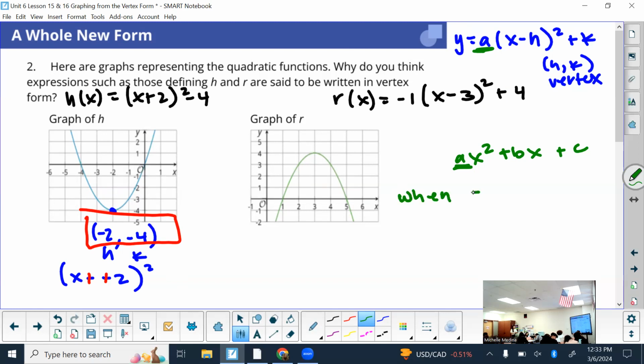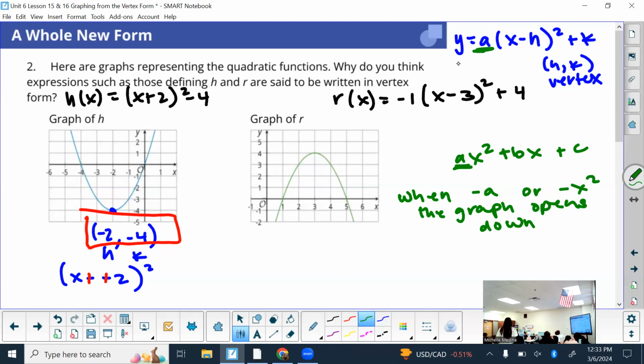When we have a negative A or just a -x², maybe they don't write the 1, the graph opens down like a frown. When it's negative, things happen to you, it goes down like a frown. When it's positive, it's up like a smile.